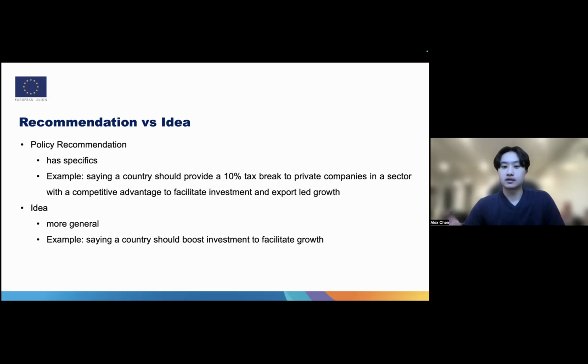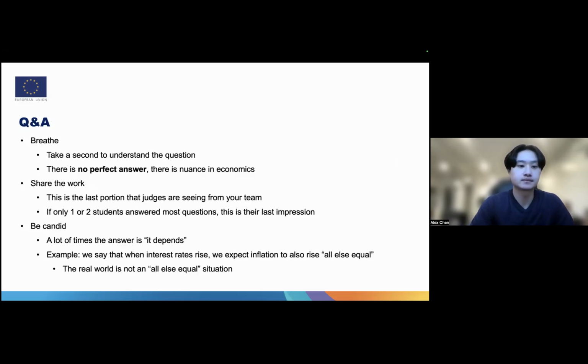An example would be, a country should provide a 10% tax break to private companies in a sector for competitive advantage to facilitate investment and export-led growth. Whereas an idea is more general, like saying a country should boost investment to facilitate growth. It doesn't have the how, it doesn't have the who, it doesn't have the cost.